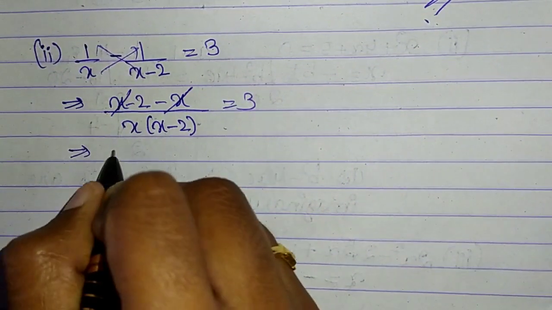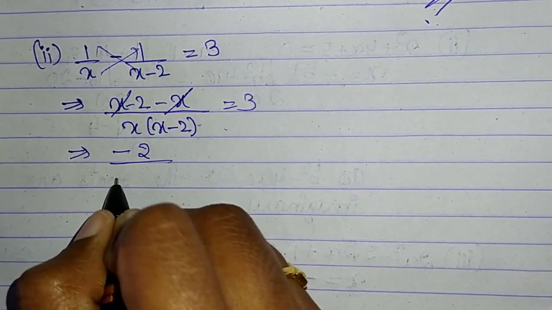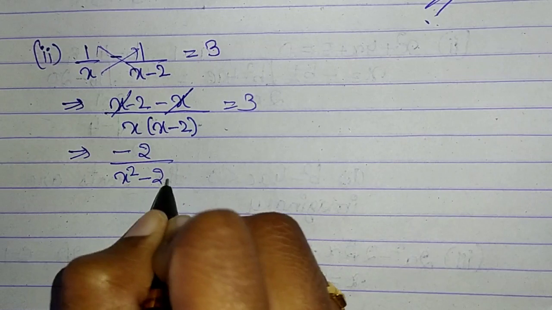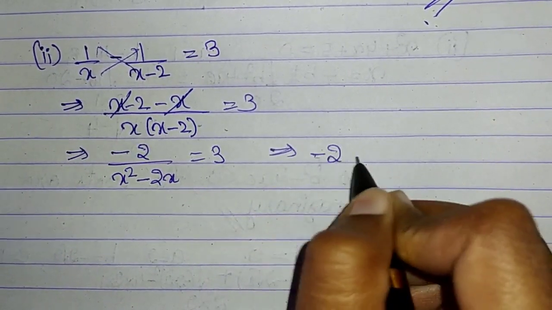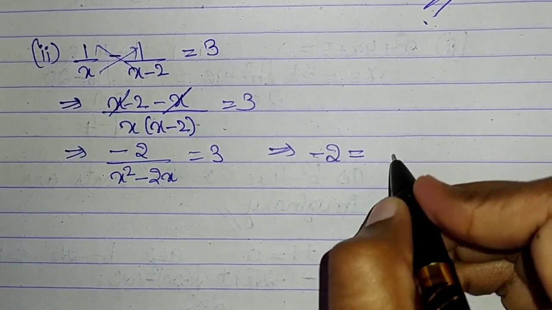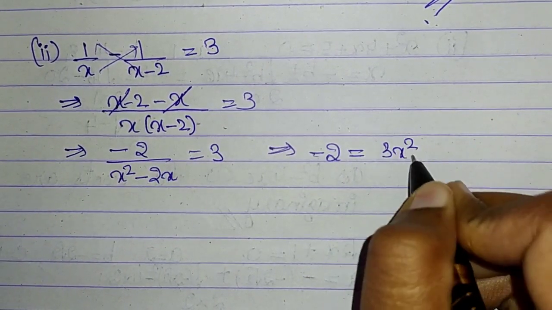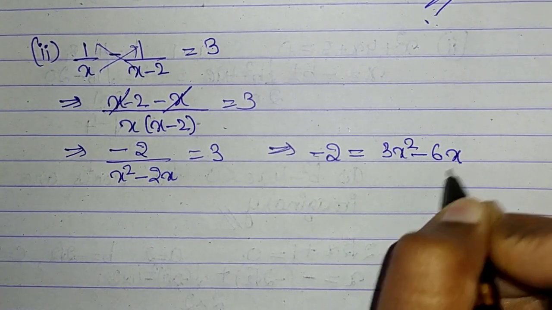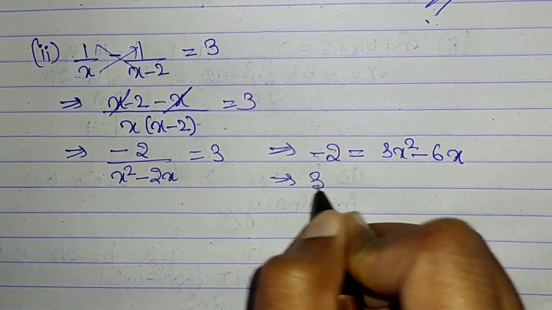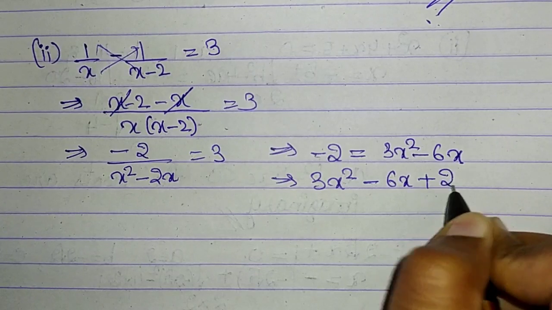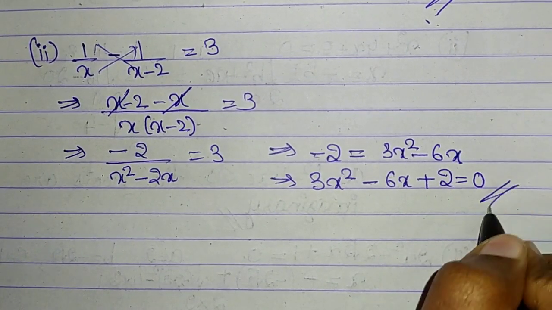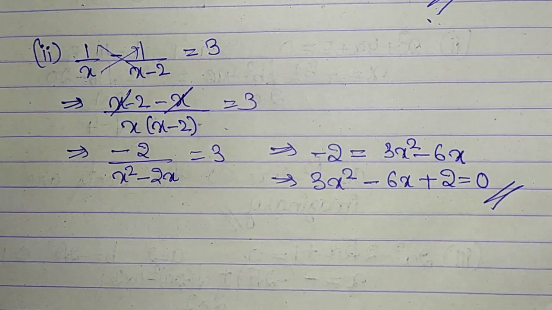What we have is minus 2 by x square minus 2x is equal to 3. So on transposing and simplifying, we get minus 2 is equal to 3x square minus 6x. So this implies the equation is 3x square minus 6x plus 2 is equal to 0. This is our required quadratic equation.